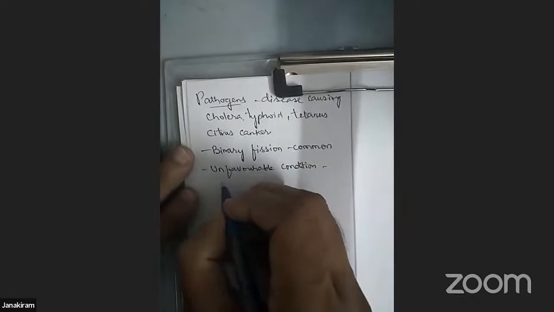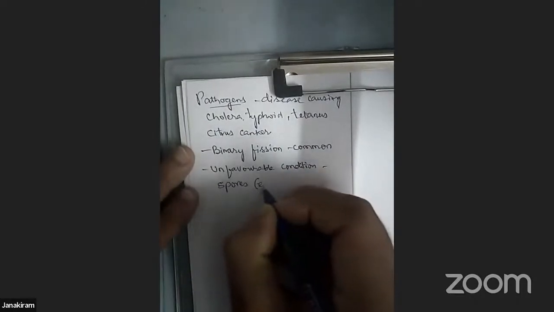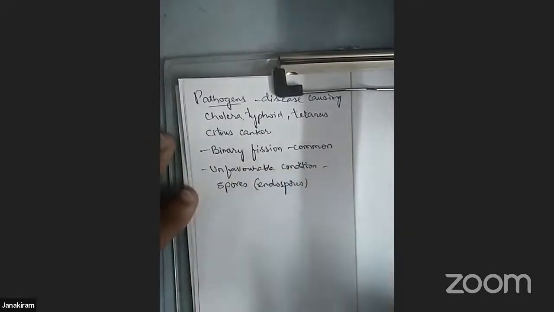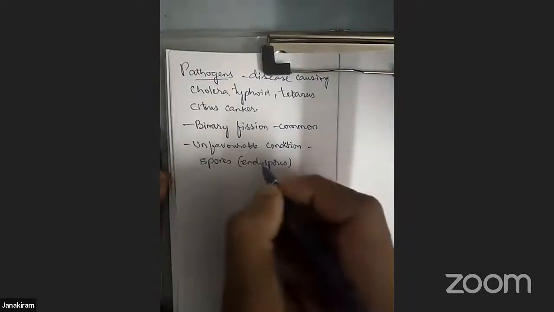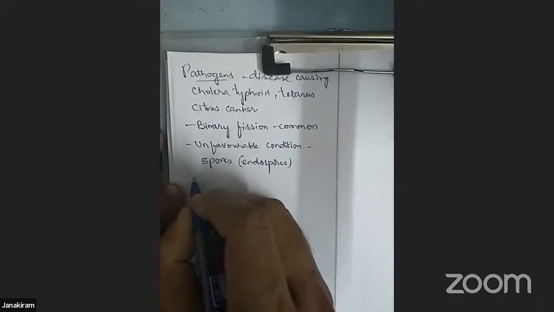Those spores are called endospores. Whenever the favorable conditions are regained, those endospores will produce the normal bacteria.